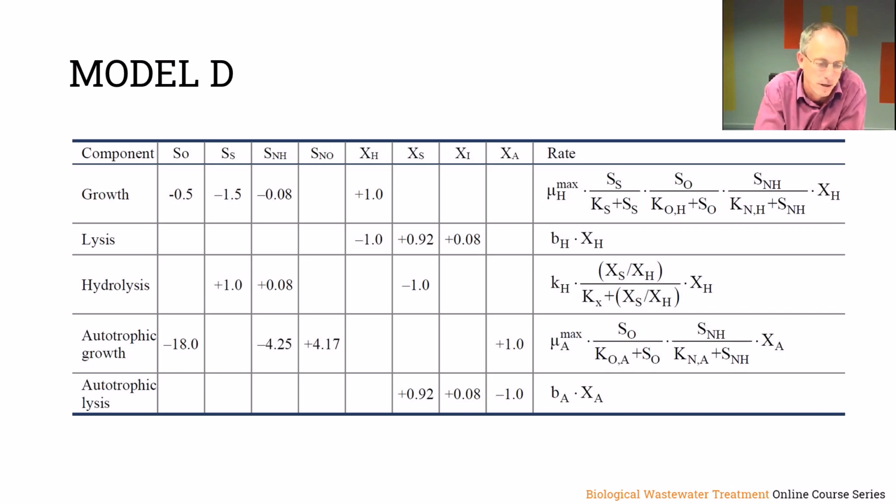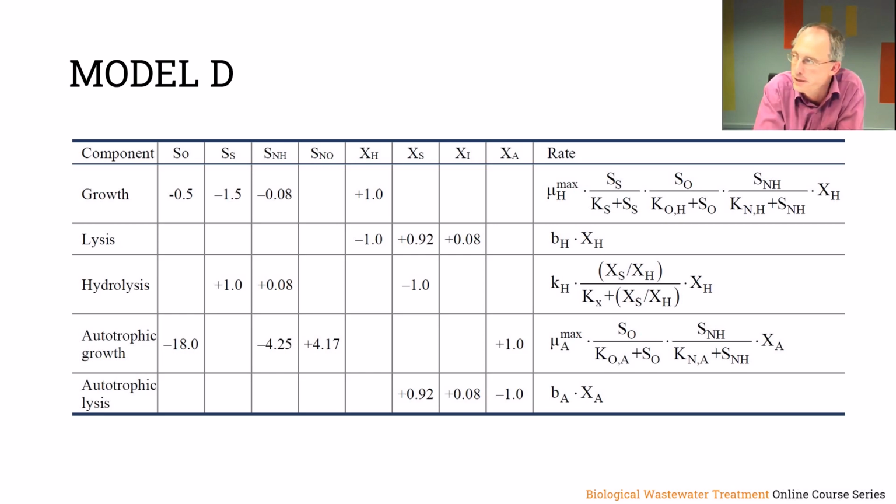4.25 should be equal to 4.17 plus 0.08 times 1. And that will nicely fit. In the lysis process for autotrophs, we assume again the same lysis process as for the heterotrophs. We just produce particulate substrate and a little bit of inert substrate.